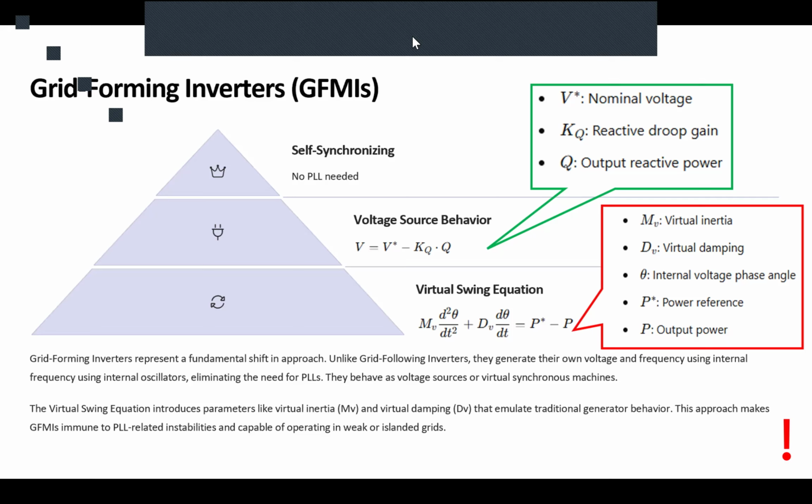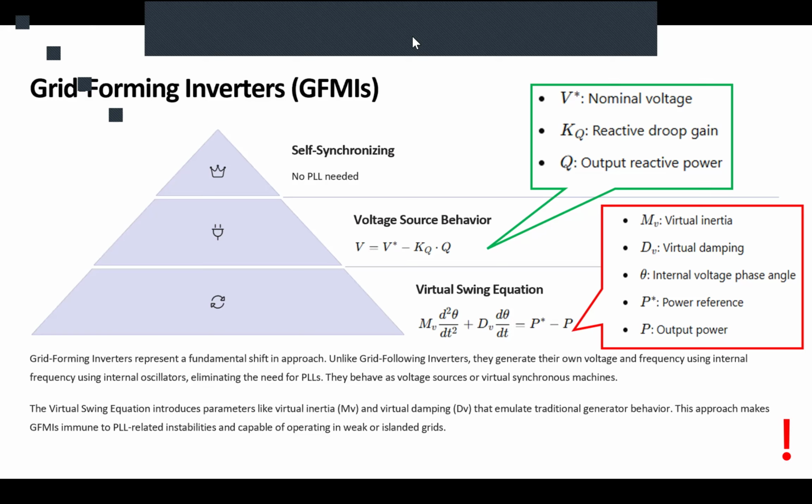So the loop control would affect our transient equation and the swing equation directly. Now, similar to the grid following, for grid forming we also define a virtual swing equation.